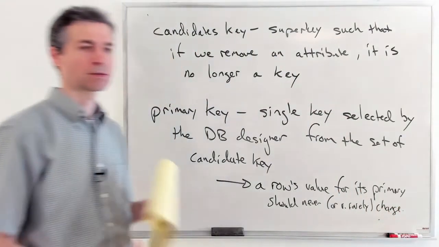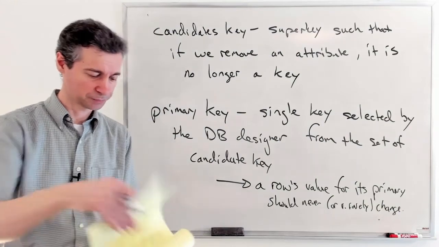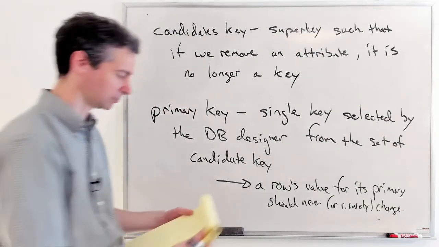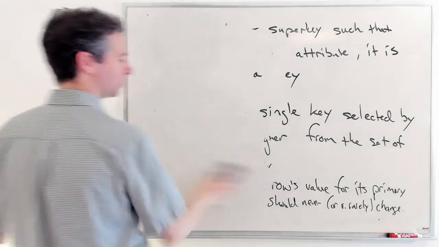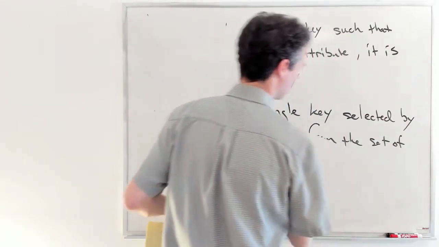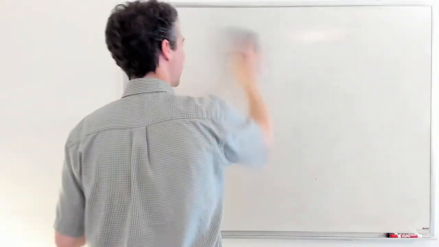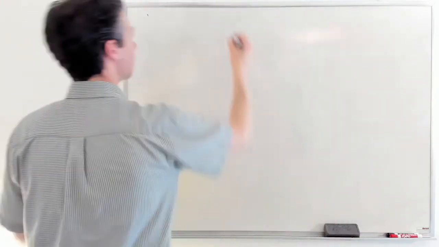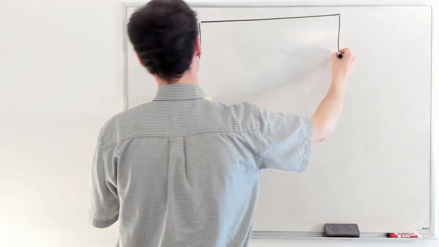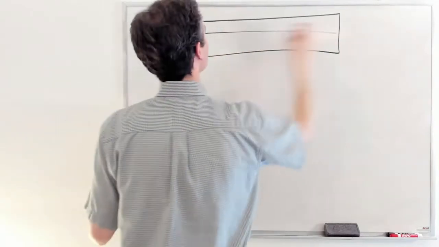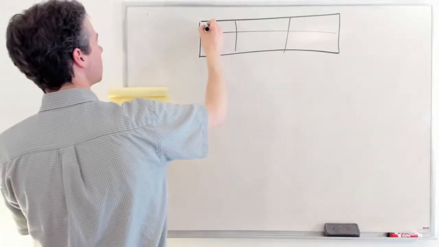Okay, so let's talk about this with an example. Let's say we're an accounting firm, and so we have a table to keep track of our clients. So we have a table, and in it we've got the following columns.